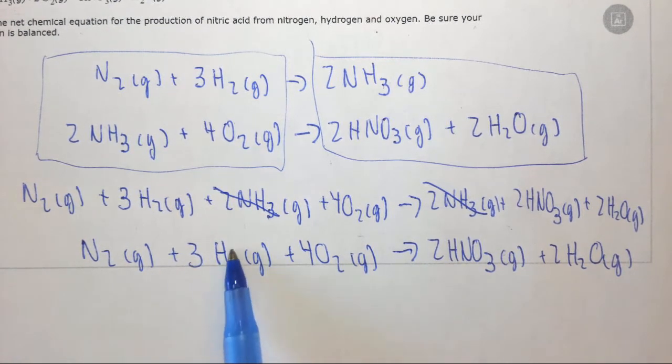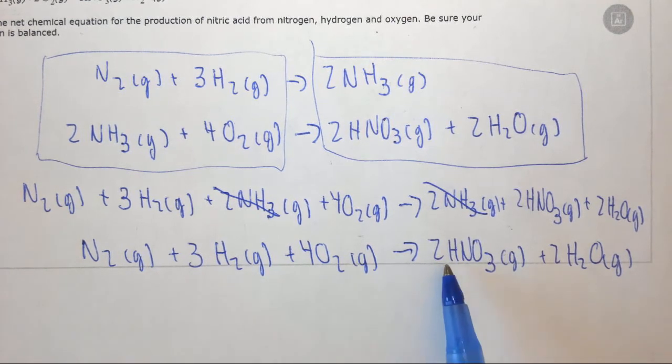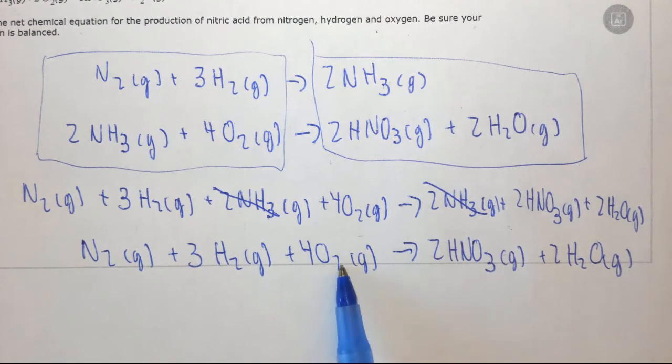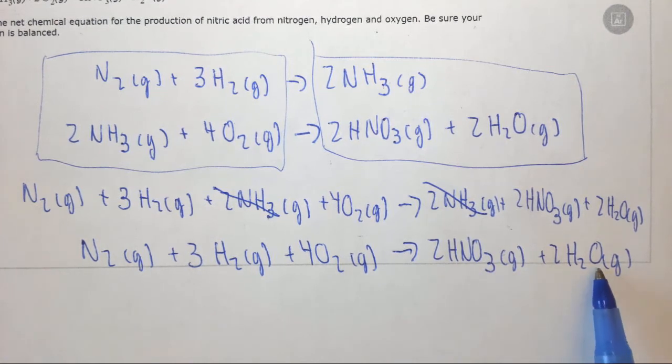We have a total of 6 hydrogens on the reactant side. We have 2 nitric acids, which is 2 hydrogens, plus 2 waters, which is 4 more, for a total of 6 hydrogens on our product side. We're good. Oxygens, we have a total of 8 oxygens on our reactant side. We have 2 nitric acids, which is 6 oxygens, and we have 2 waters, which is 2 more. 6 plus 2 is 8 oxygens.